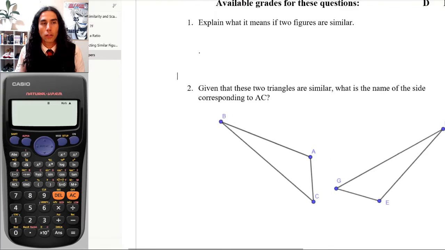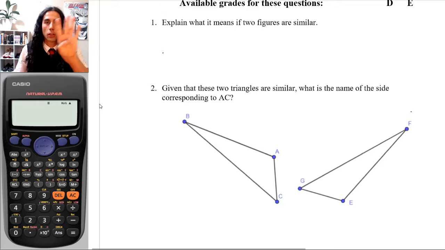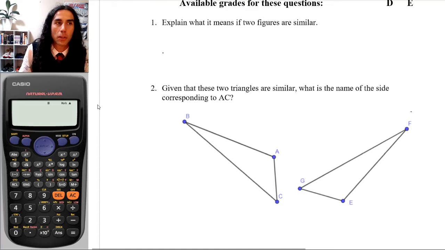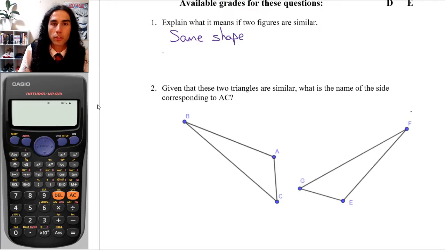I'm going to give the answer in 5, 4, 3, 2, 1. Two figures are similar. Let's keep it simple: same shape, different size. That's good enough. You want to be more precise?